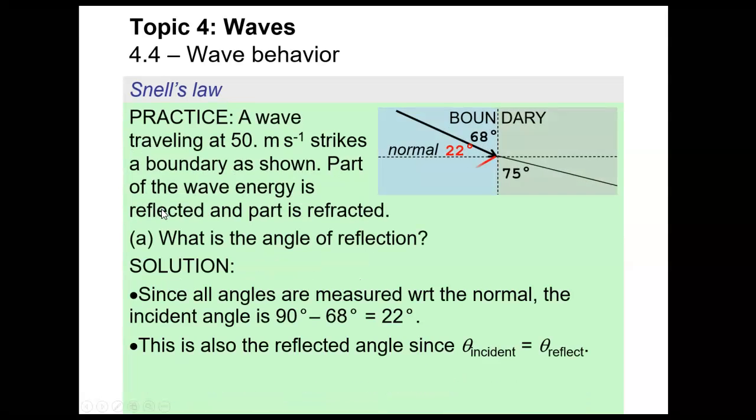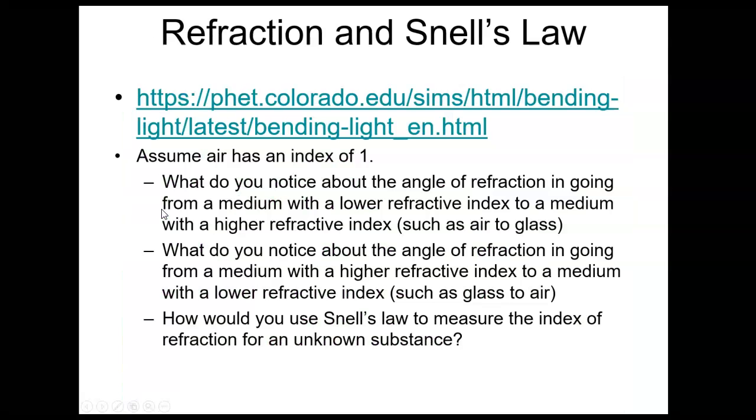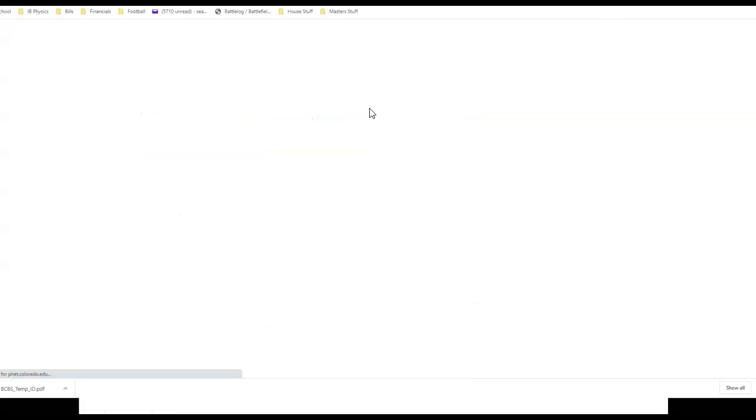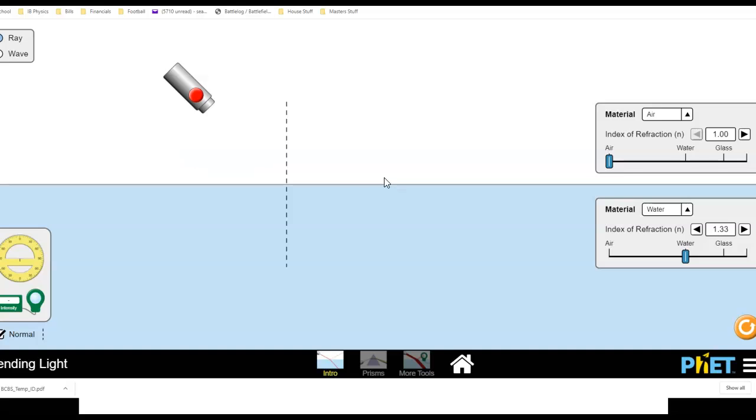I'm just going to skip a little bit. I want you to take a look at the simulation. Here we have a Snell's law simulation.